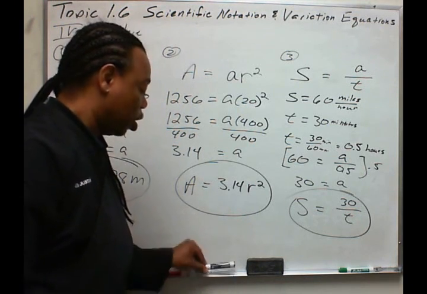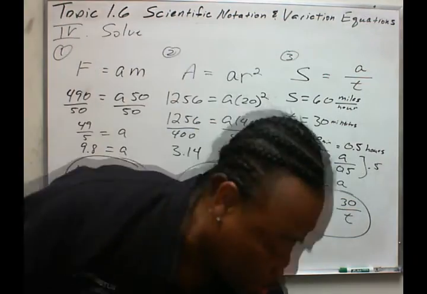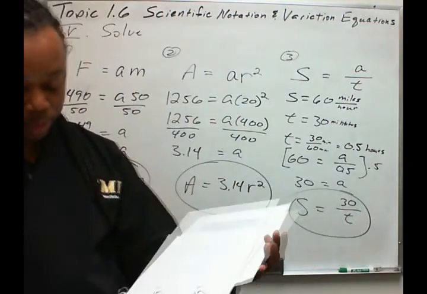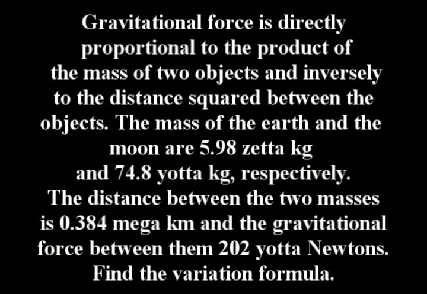Okay. Number 4, I want you to solve. It says that the gravitational force is directly proportional to the product of the masses of two objects and inversely proportional to the distance squared between the objects. The masses of the Earth and the Moon are 5.98 times 10 to the 24 kilograms and 7.48 times 10 to the 22 kilograms, respectively.